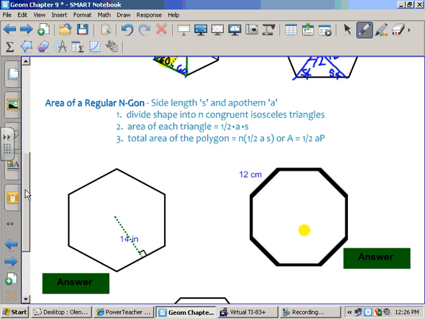All right, so let's do one. Okay? I have this central angle here. The apothem is 14. All right, and it makes a right triangle. Right triangles are the superheroes of geometry because there's so many things they can do for us, right? So if I know the apothem and I know this is a six-sided figure, what else do I know?